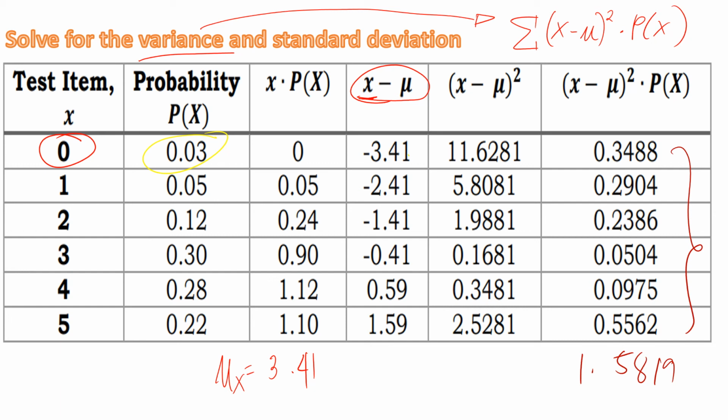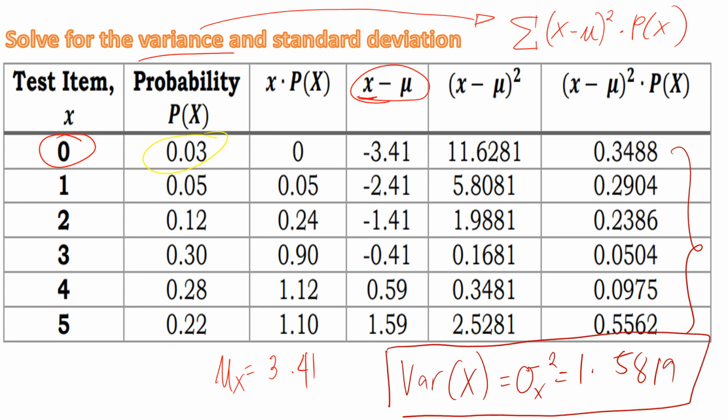And this is the value of your variance of x, or in other notation, σ of x squared. So that is how you solve for the variance. Now, with our variance, what is the standard deviation? Well, we know that the standard deviation is solved by getting the square root of your variance.